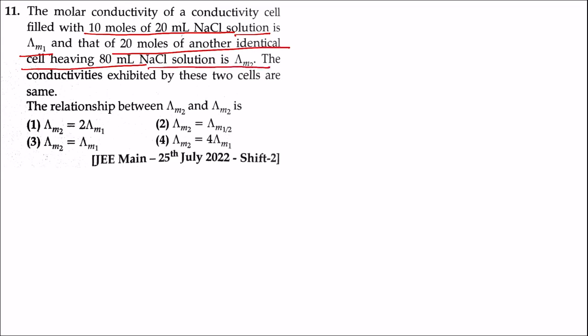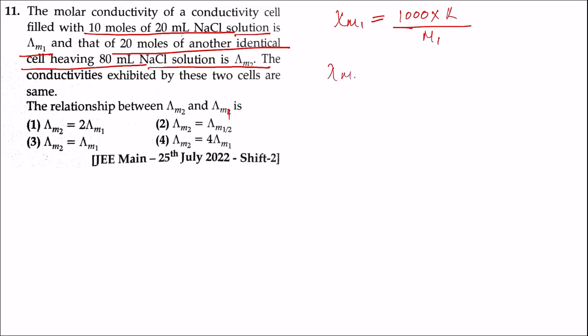The relationship between lambda m2 and lambda m1 is, now molar conductivity of NaCl solution, let this be lambda m1, is equal to 1000 into conductivity divided by molarity of NaCl solution.